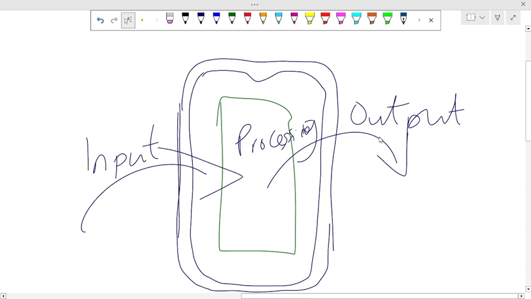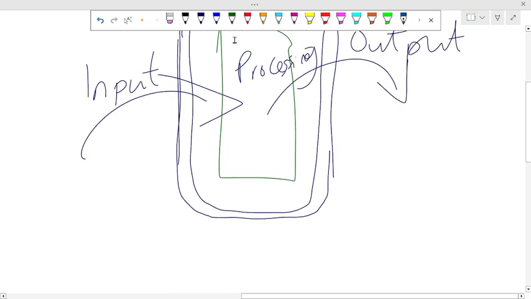For further simplicity, in this video we'll talk about the processing. How is your input processed, or what is responsible for processing your input and then giving you output?